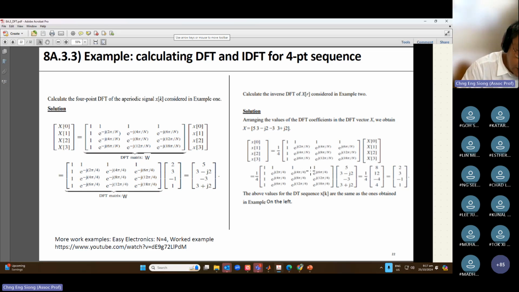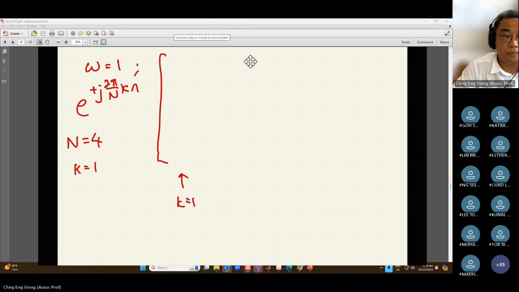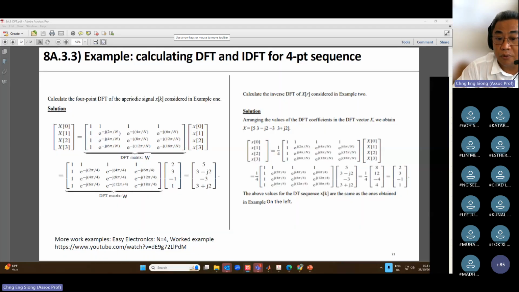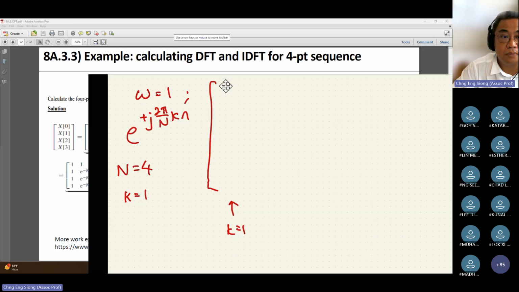Remember that each of the elements is e^(+j2π/N)kn. N is now equal to 4, for example, and k is now equal to 1. So this is the k equals 1 column, the second column of W^H.